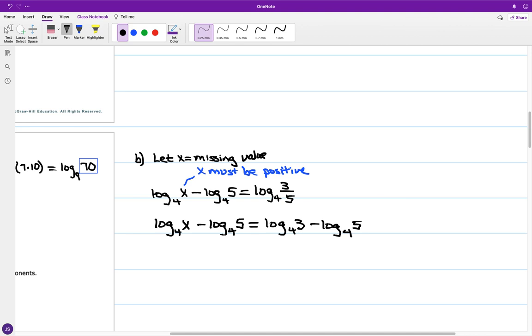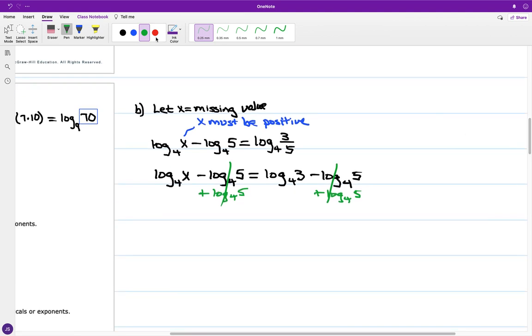And if you notice, we have identical logarithmic terms on both sides. So if I were to add the base 4 logarithm of 5 on both sides, these terms would cancel. So I have the base 4 logarithm of X is equal to the base 4 logarithm of 3.